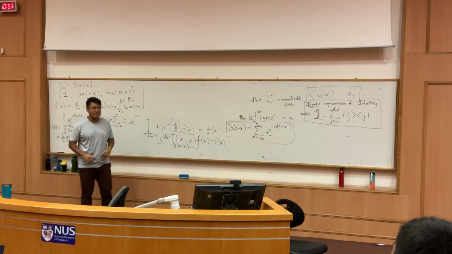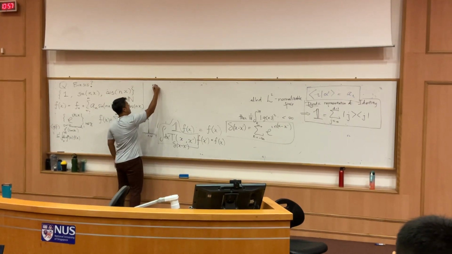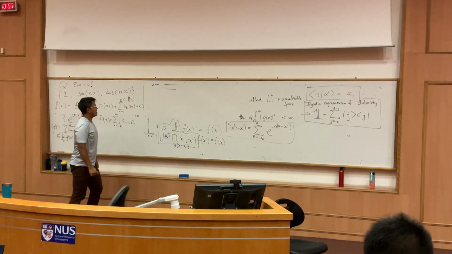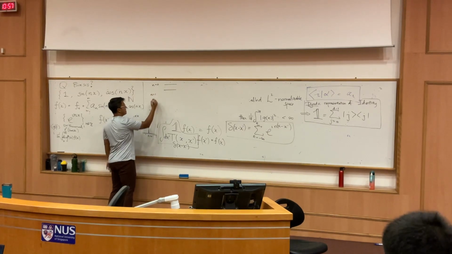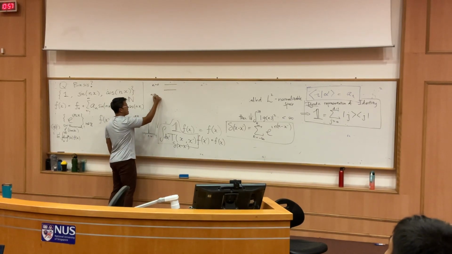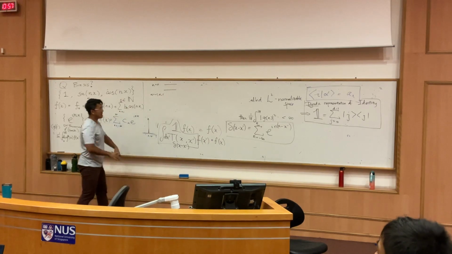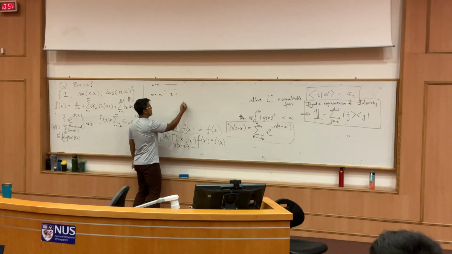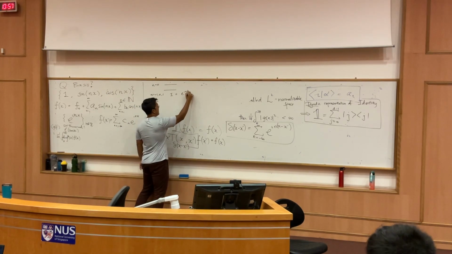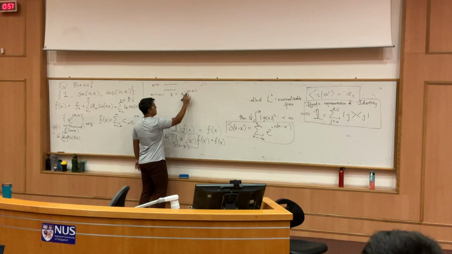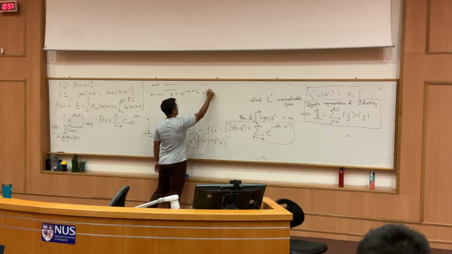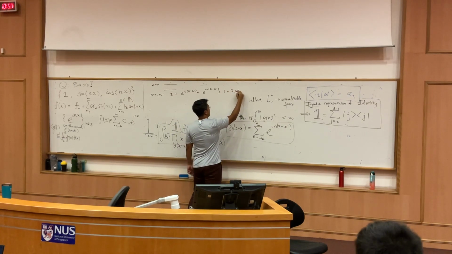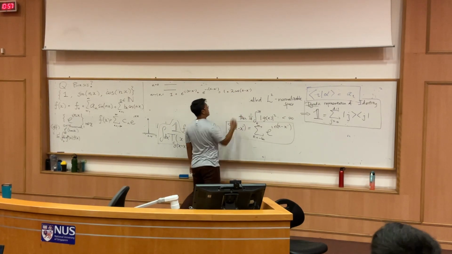If I ignore everything else, I get one function. But if I include minus 1, 0, and 1 in the sum, and ignore everything else, then I get 1 plus e to the power of i times x minus x prime, plus e to the power of minus i times x minus x prime, and that is 1 plus 2 cosine of x minus x prime.